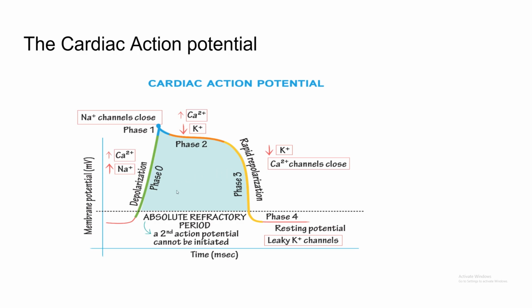But then eventually it's going to come to this other section here, the relative refractory period, where the cell's still getting ready for another potential, but it still can be depolarized if an impulse is transmitted during this time. It's just not at rest. So absolute refractory period: it can't receive another signal. Relative refractory period: it can receive another signal, but it's not technically ready to receive another signal.